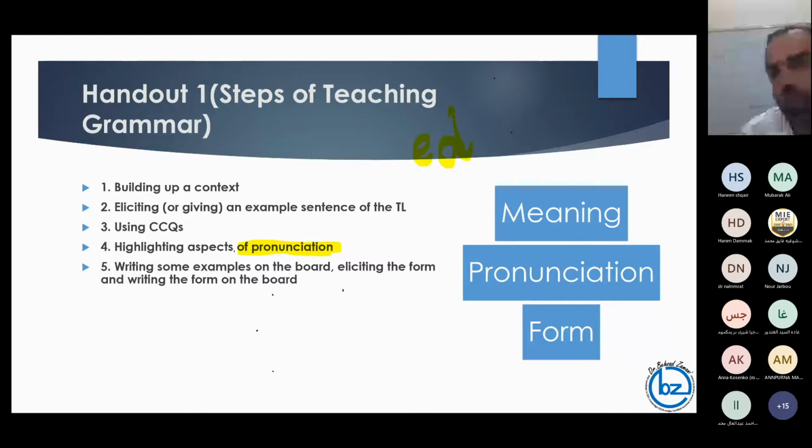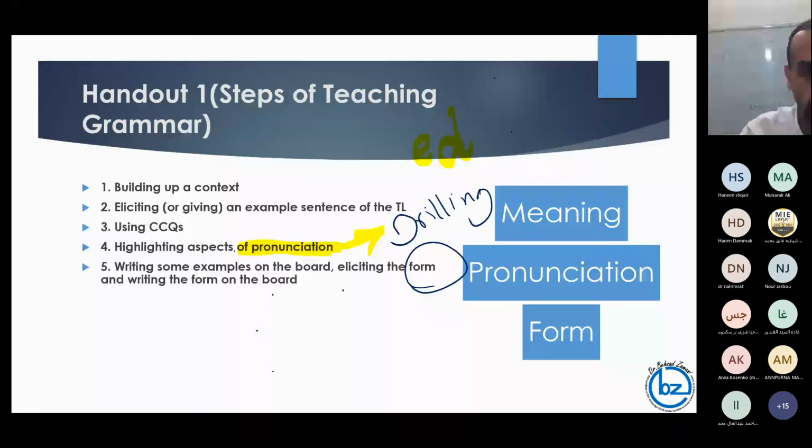There is a need to finally let your students see the form. But in the pronunciation aspect, surely we need to have some drilling. It's a must. After form, we go to pronunciation.